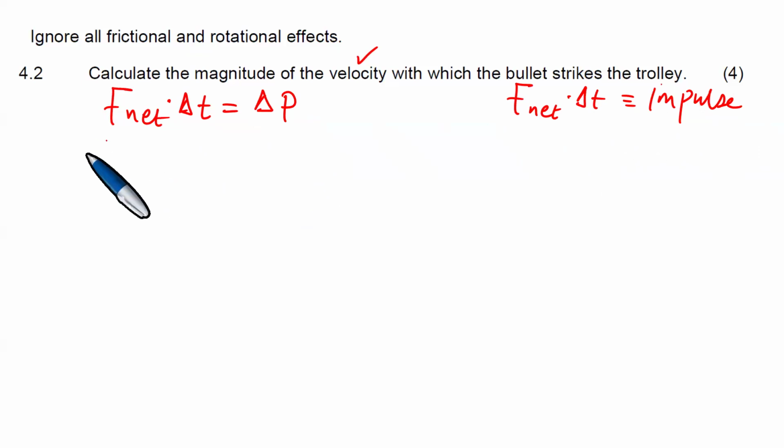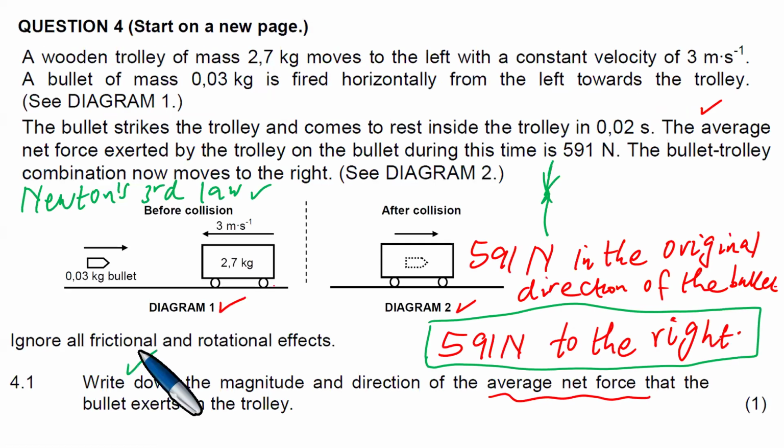Now the F net is 591 newtons. The change in time: they were in contact for 0.02 seconds, because it is stated that the bullet strikes the trolley and comes to rest inside the trolley in this amount of time.